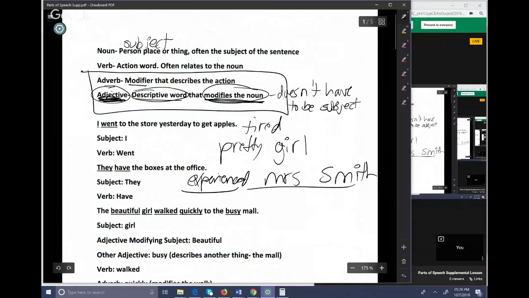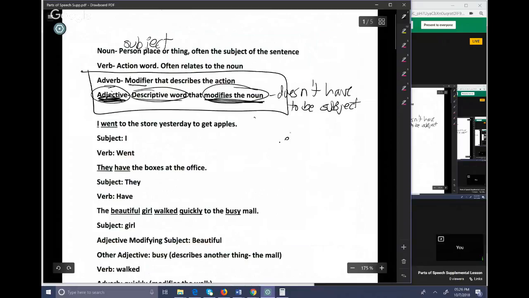So an adjective is going to modify a noun. When they ask you to identify an adjective, the most important thing you can start by doing is finding the nouns. So when we're going to identify an adjective, we are going to find the noun.